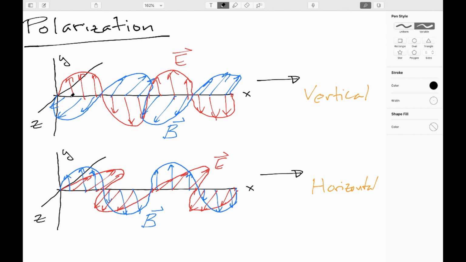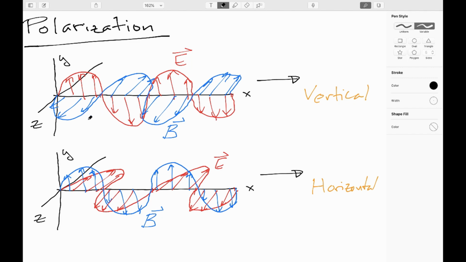Now keep in mind that when you talk about electromagnetic waves, nothing is being displaced. The vectors simply represent the values of the electric and magnetic field vectors at each of these locations. And you'll notice that the electric and magnetic field vectors are always perpendicular to each other.